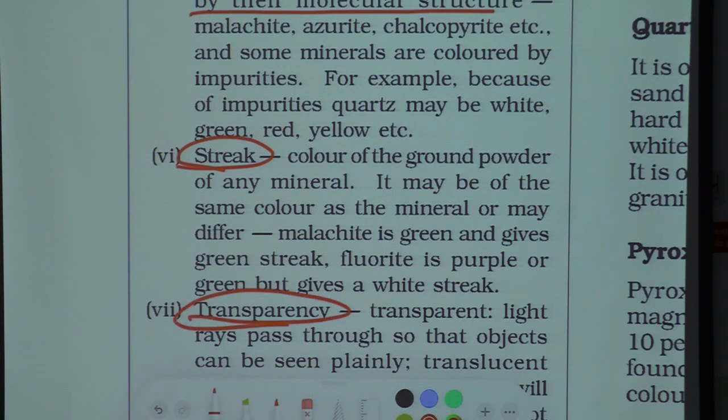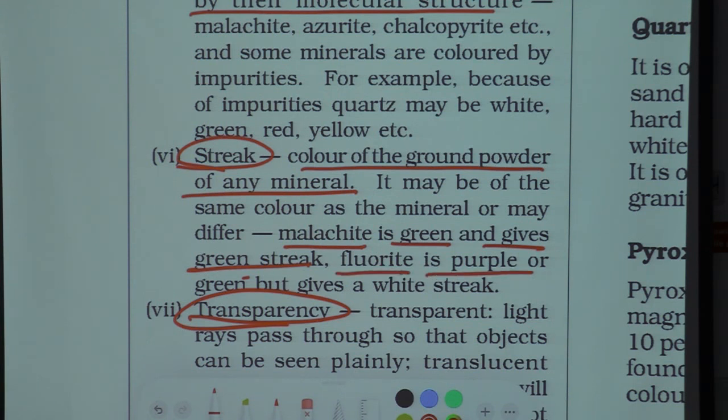I said that we should correlate them very clearly with the color, because color will determine the ground powder of any material. An example is given: malachite is green and gives a green streak. Fluorite is purple or green but it gives a white streak.